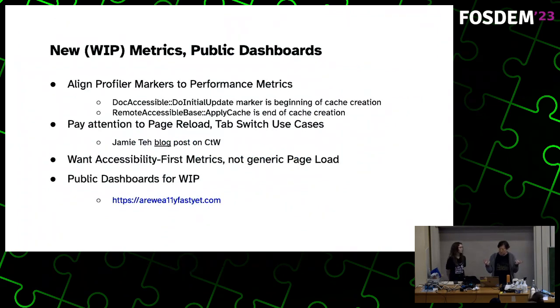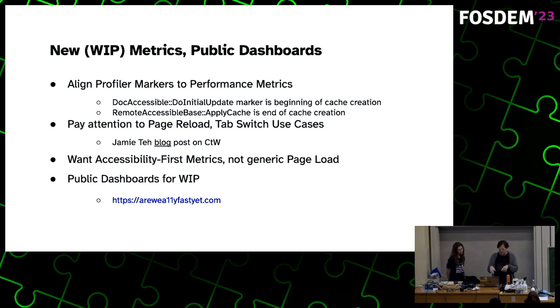In general, we're going to be trying to align the profile markers that were put in to performance metrics using our internal tools at first. And we're going to start measuring the actual cache creation time. We also want to pay attention to not just classic page load, but page reload and tab switching.